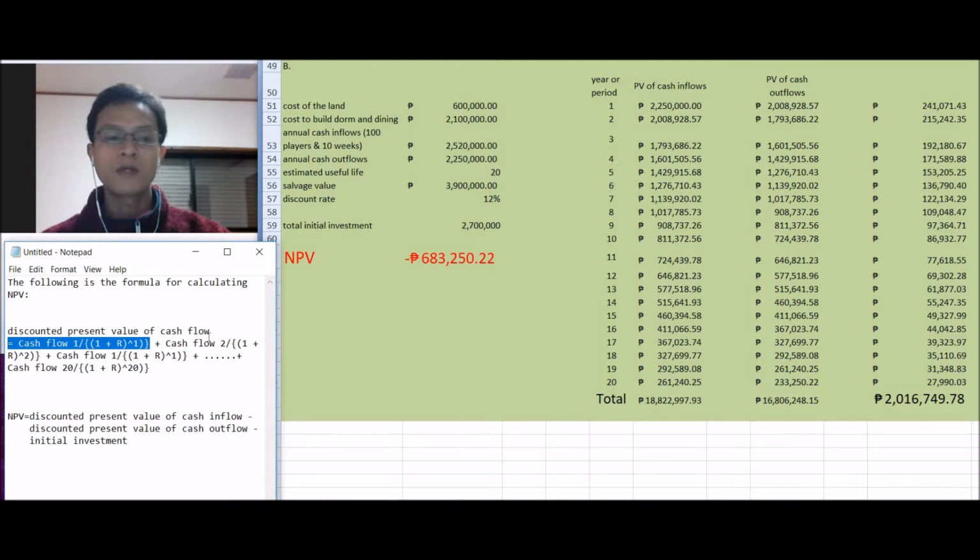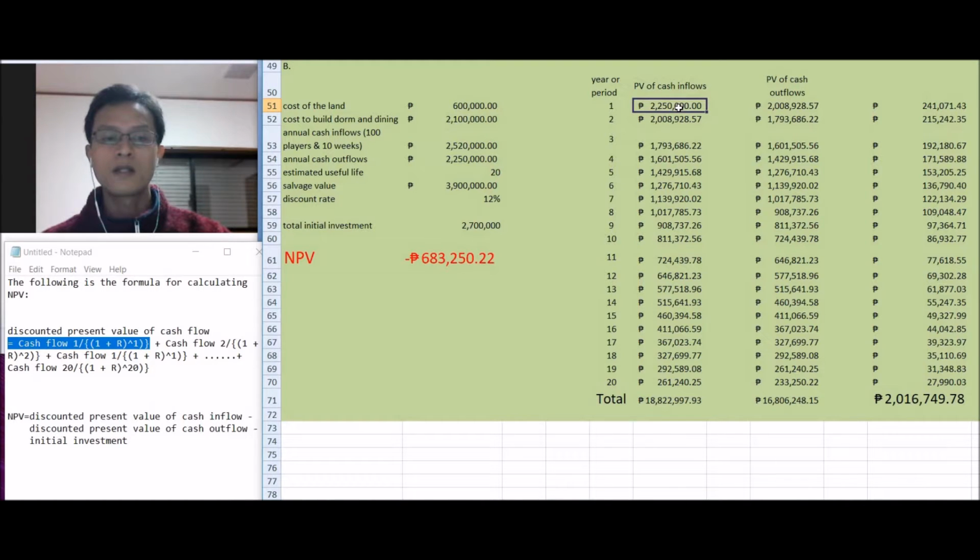So for example, you're using cash flow number 1, this one here. Cash flow number 1 divided by 1 plus 12% raised to the power of 1. So it should give this amount here.